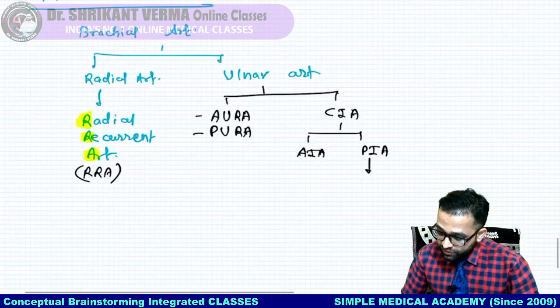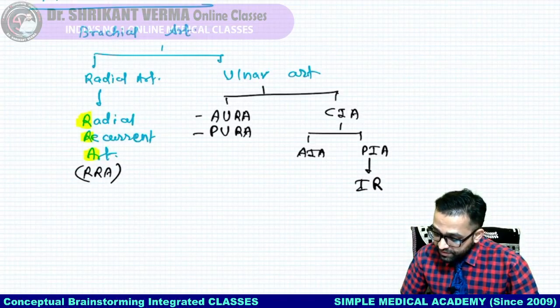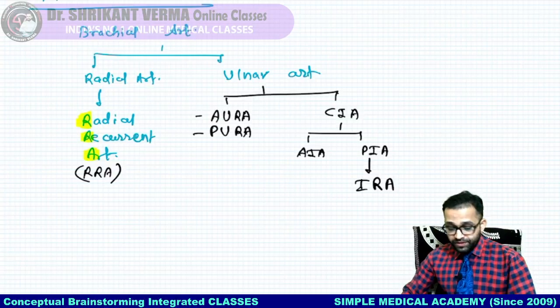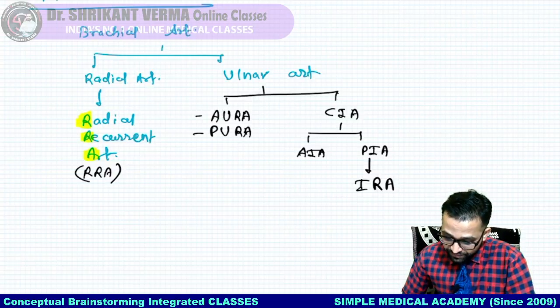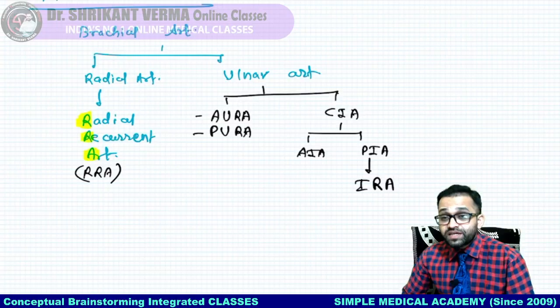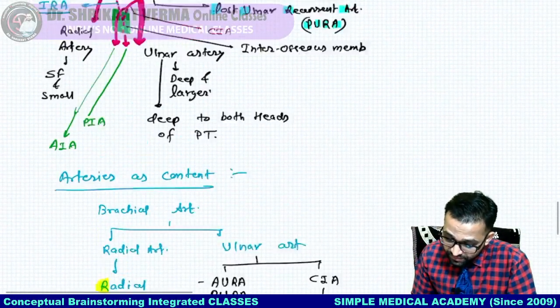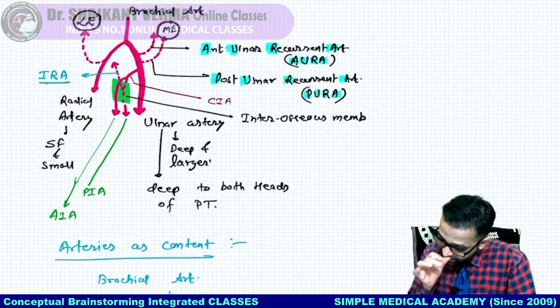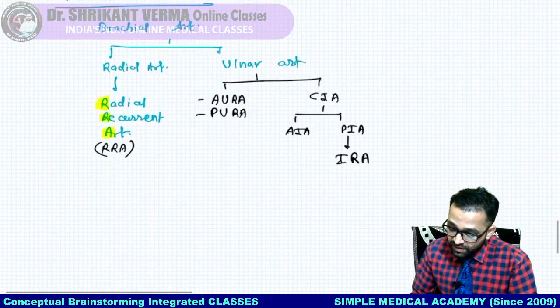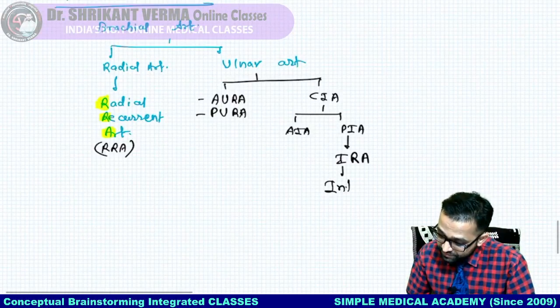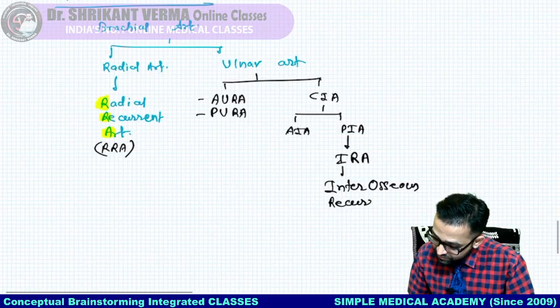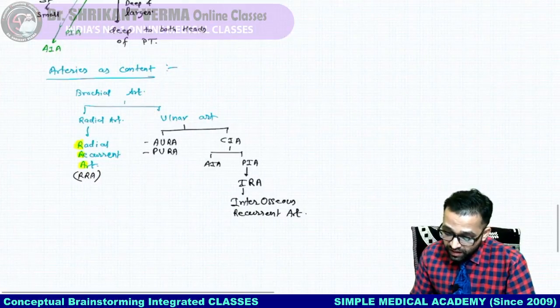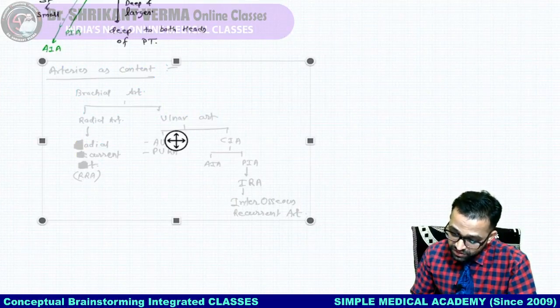This posterior interosseous artery is giving the inferior recurrent, or better to say, interosseous recurrent artery. Yes, we are improving the name. This is our interosseous recurrent artery. Kindly improve this one. So these are our different arteries. These all are the content.